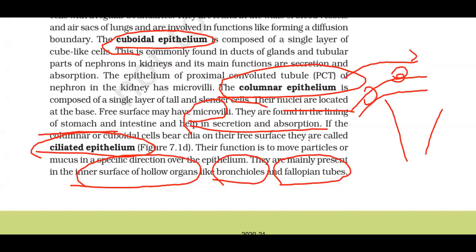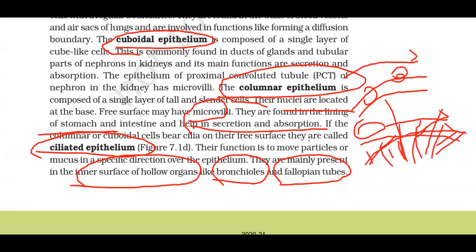The movement of the egg should be aided by the cilia. If the cilia always move in a particular direction, eggs can easily transfer from one region to another. That's why bronchioles and fallopian tubes have ciliated epithelium.